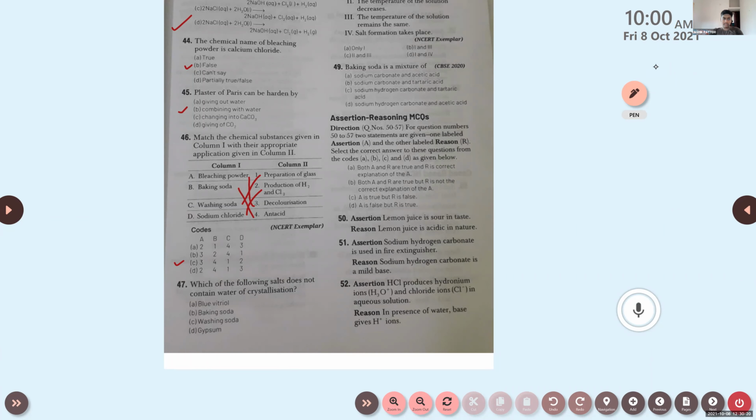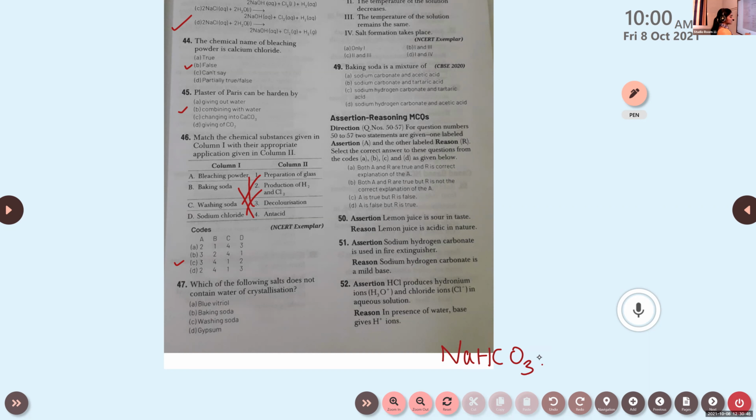Sodium hydrogen carbonate, NaHCO3. Is there any water molecule here? No, ma'am.